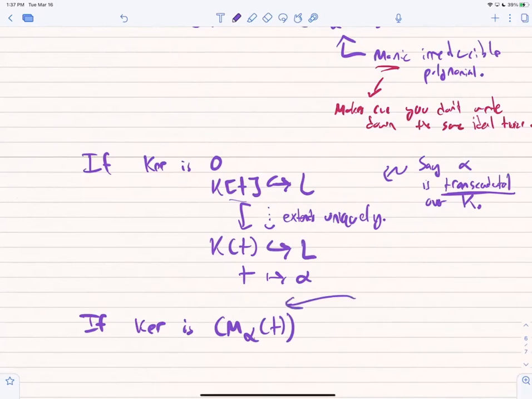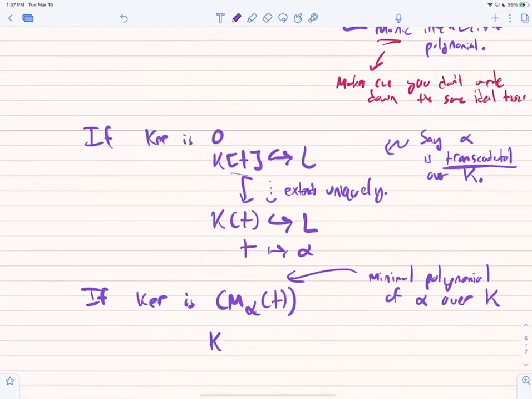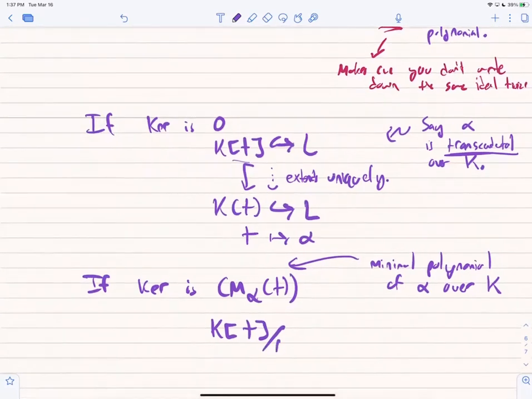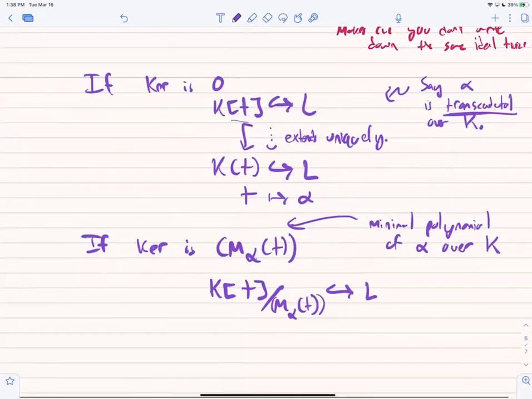We call this polynomial the minimal polynomial of alpha over K. And we get this map from K[T] to K[T] mod m_alpha(T). Now this injects into L. And this is an isomorphism onto its image.